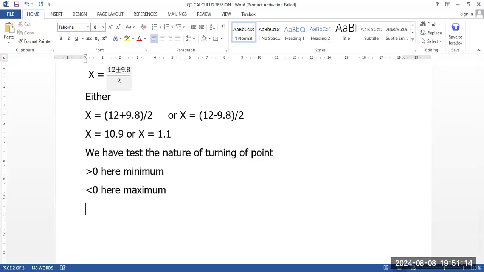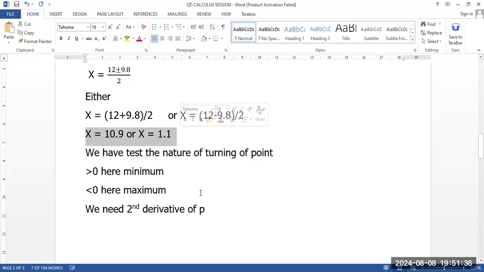So we need to get the second derivative of P. Then once we get the second derivative, we will be substituting these values in the second derivative.